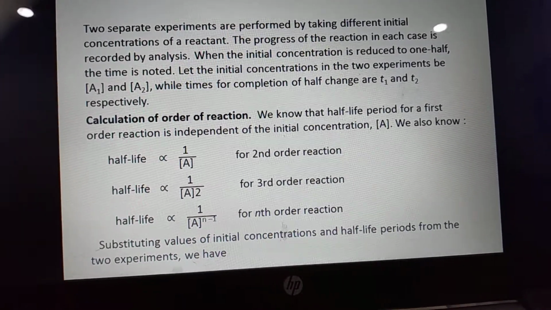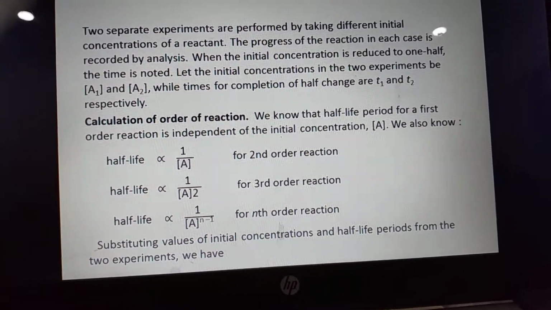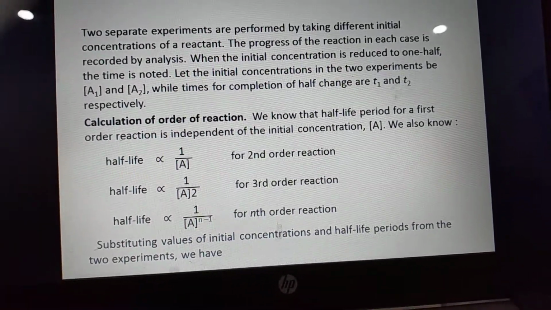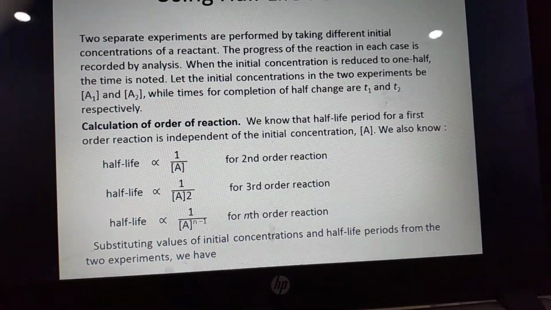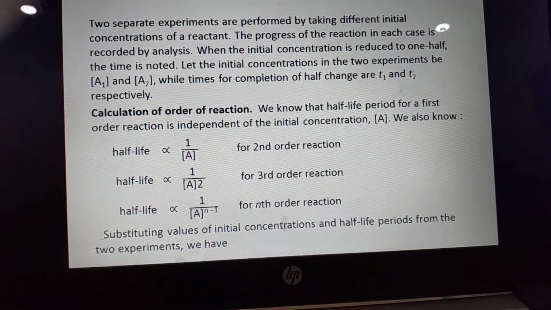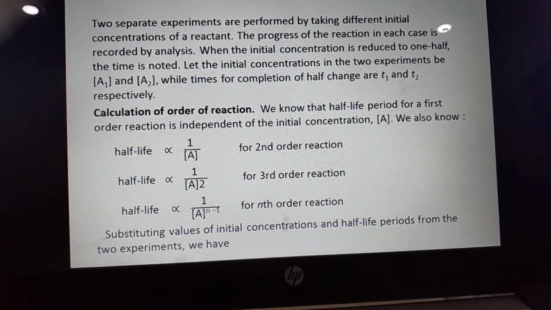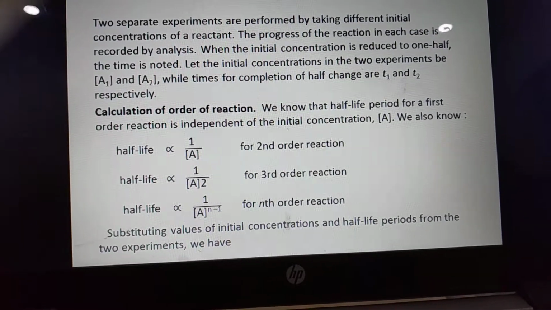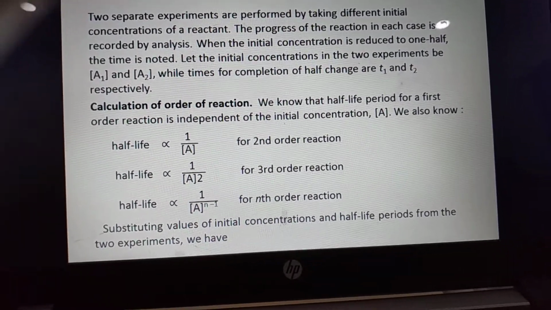We also know that half-life is directly proportional to 1 over A raised to the power 1 for the second order, and for the third order 3 minus 1, that is 2, and for the nth order it is n minus 1.